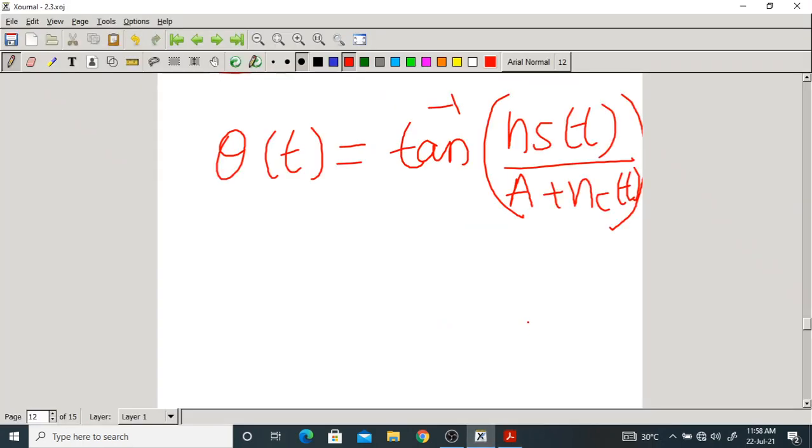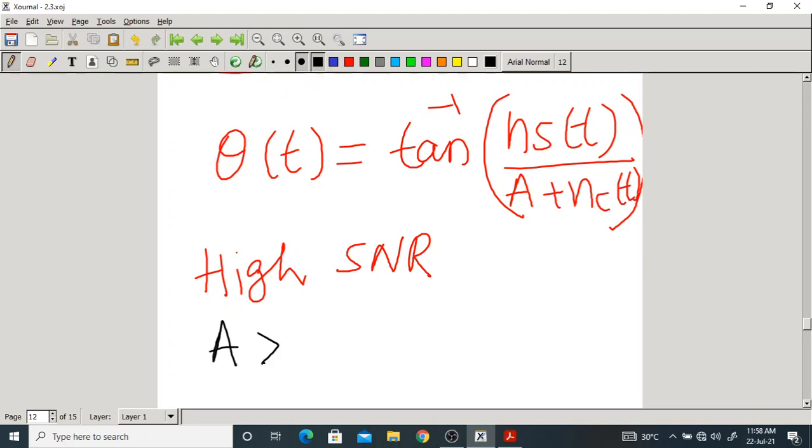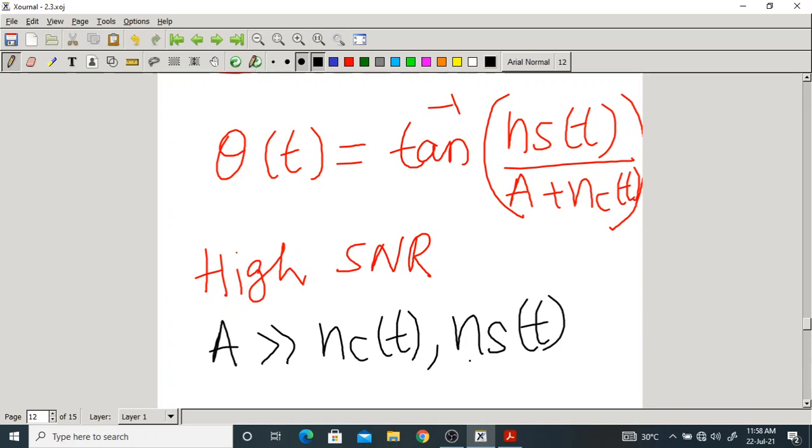Now please observe very carefully. High SNR case, which means Ac or A is much more than nc of t as well as ns of t. Which means in this denominator A is much more than nc of t. Obviously this can be neglected.